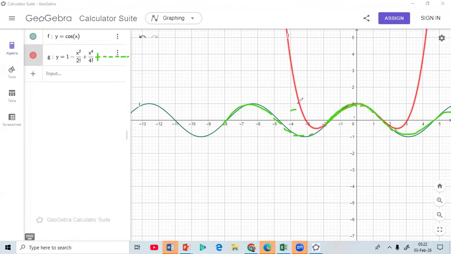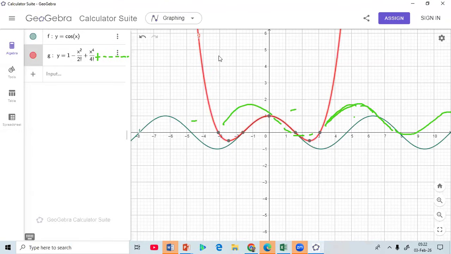But this curve converges. As you continue, it keeps on putting itself onto the cos curve. And the more expansions you have, the more accurate you are to the answer. Just imagine we had continued.